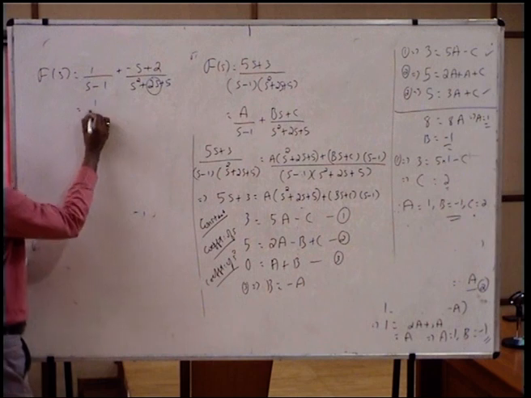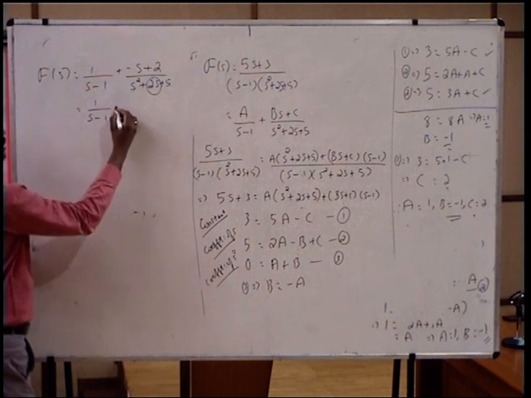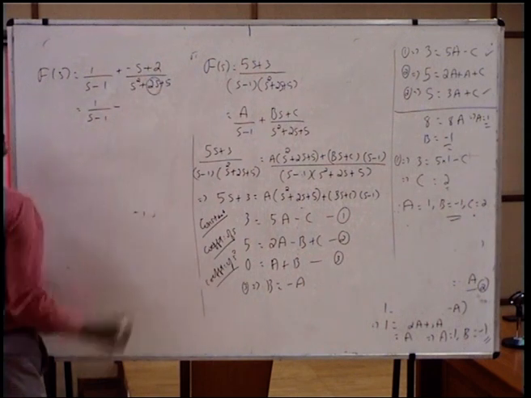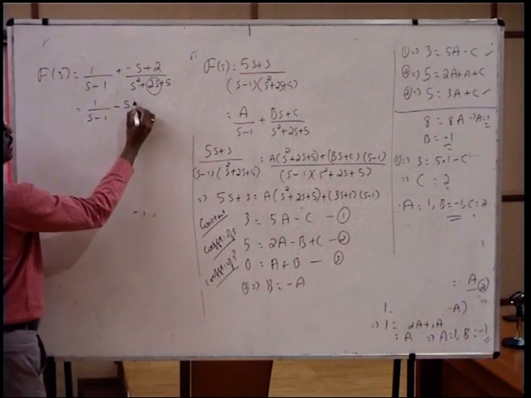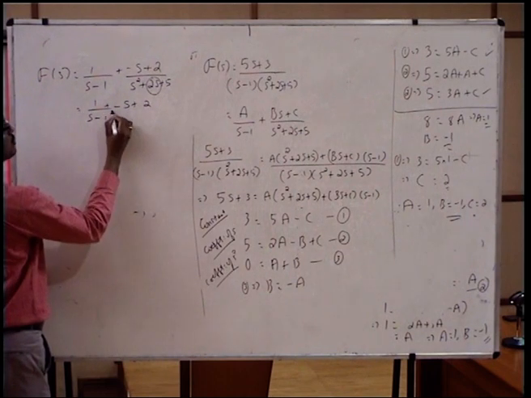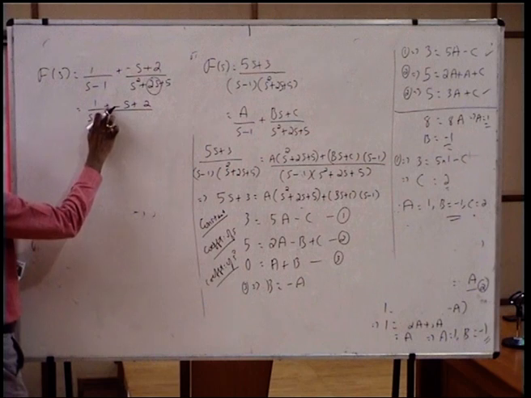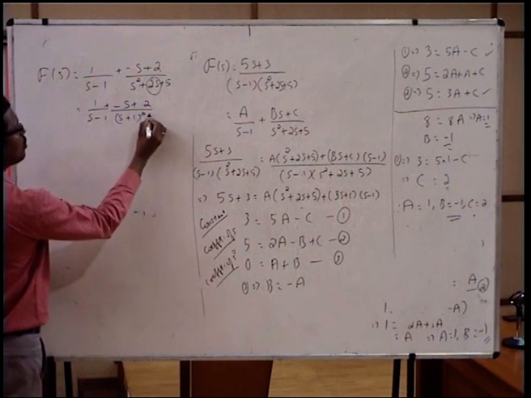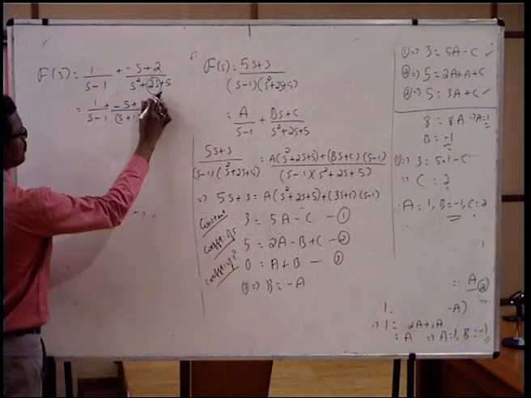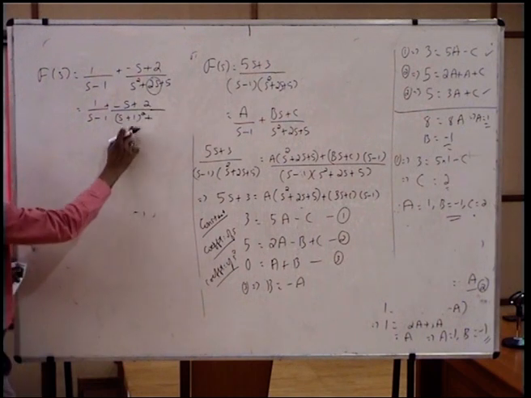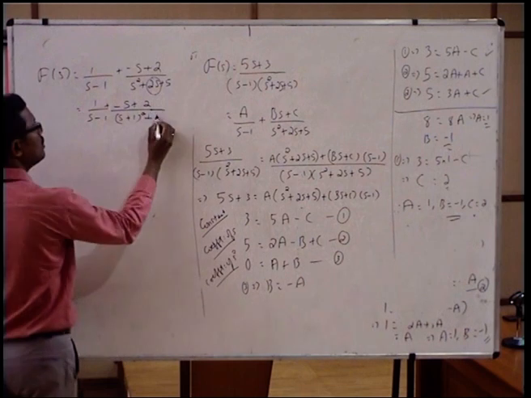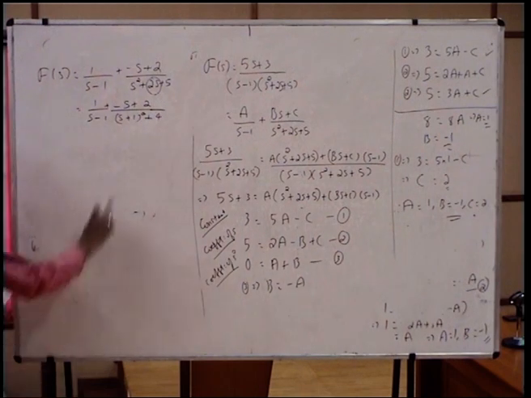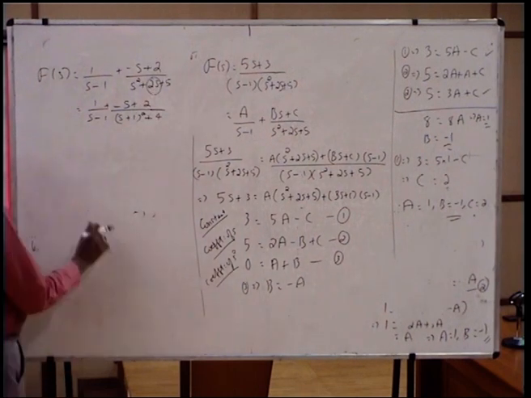Therefore rewrite the denominator in the second term: minus s plus 2 divided by s plus 1 the whole square plus 4, because s plus 1 the whole square is s square plus 2s plus 1, so plus 4 gives 5.